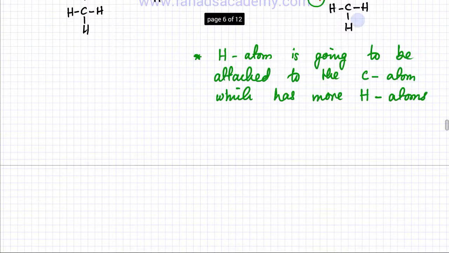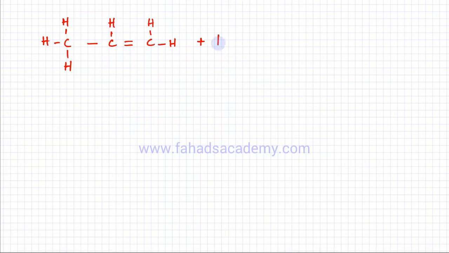We can have another molecule, another example. Let's take a simpler example of propene. So propene has a double bond and it has these hydrogen atoms. I'm completing all the hydrogen atoms. So this is a molecule of propene, and I'm going to react it with water, H2O.